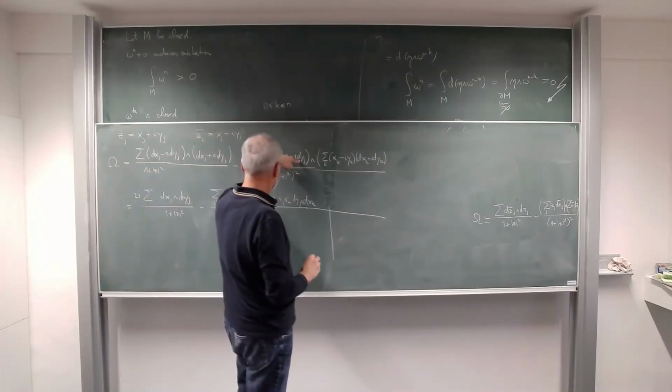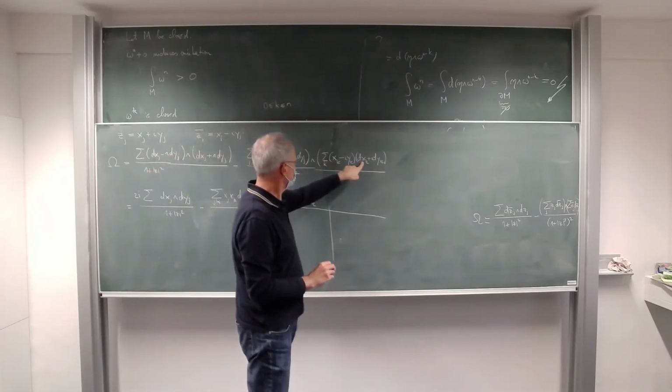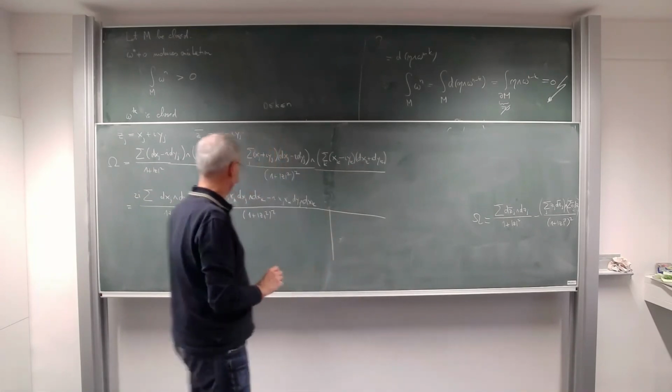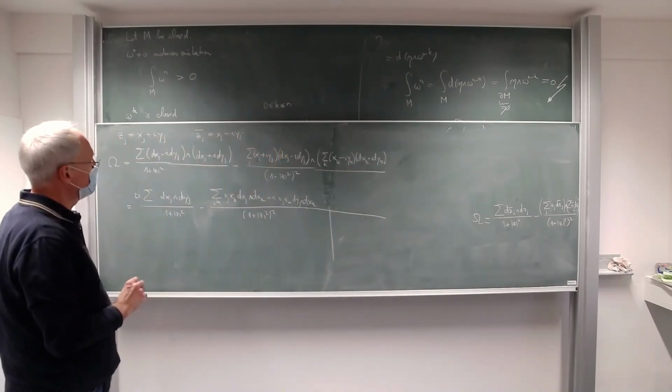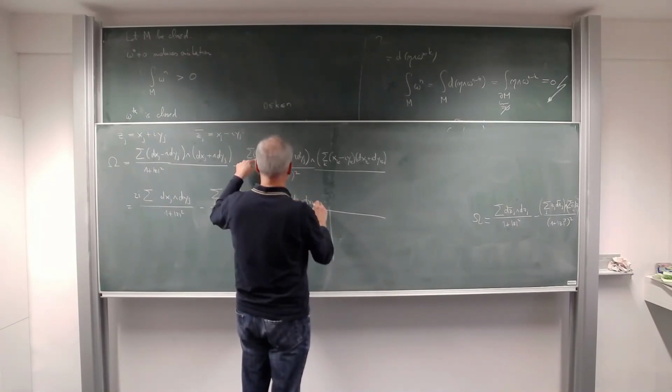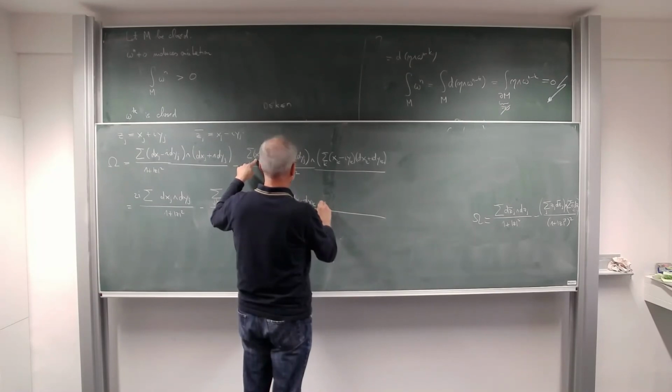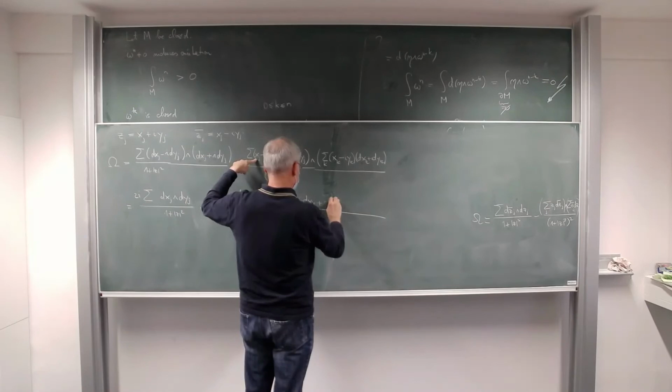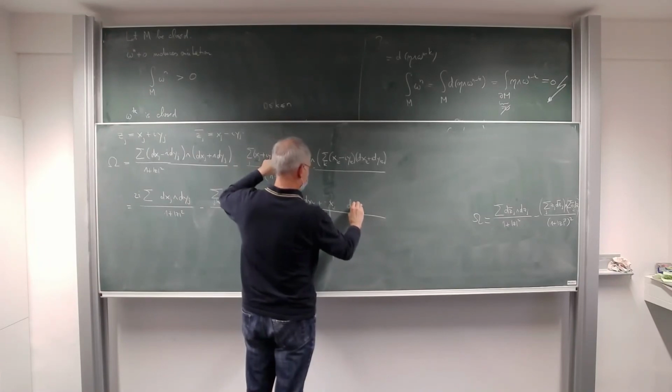This is dxj and dxk times d. And so we have more terms, plus this one, xj dxj.